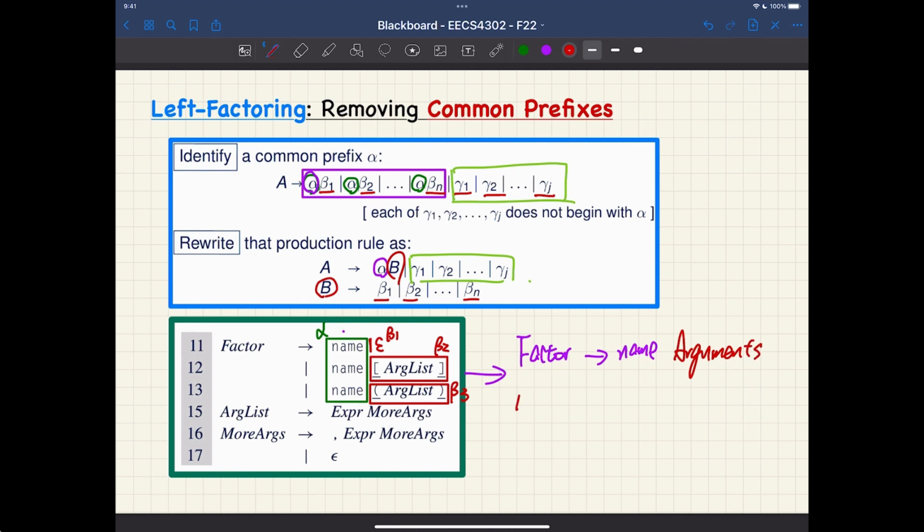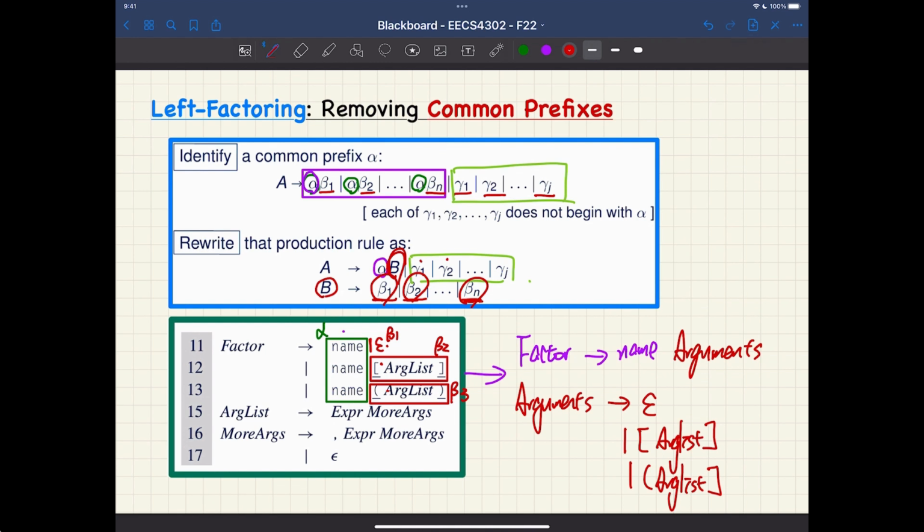Then arguments, according to the rule, is going to be all the beta over here. Arguments will be either epsilon, or argument list. That's what you will see on the slides.